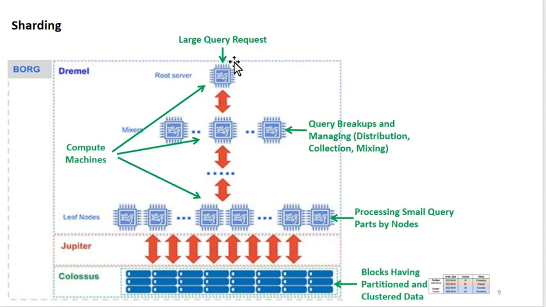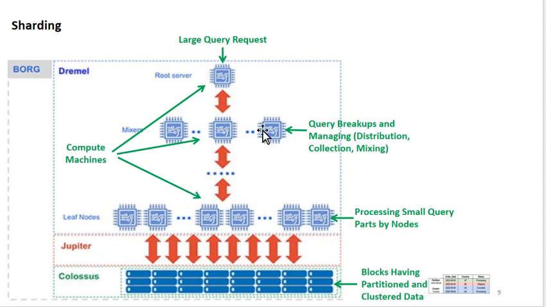The root server manages the entire thing overall, but it first assigns the task of dividing the query to different virtual machines, which are created by BigQuery in the backend. These virtual machines break up the large query into multiple parts so that it can fetch quickly, and they record which part of the query is stored where and which leaf nodes it is passed to. These are called leaf nodes, where the query will be individually processed.